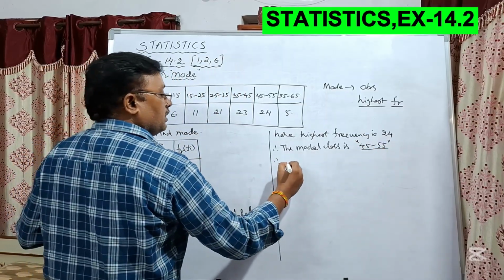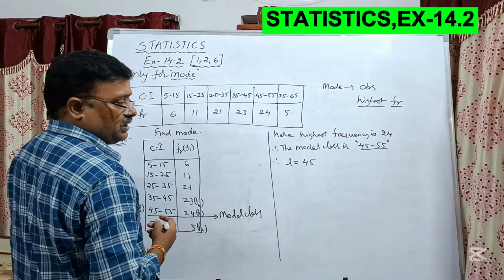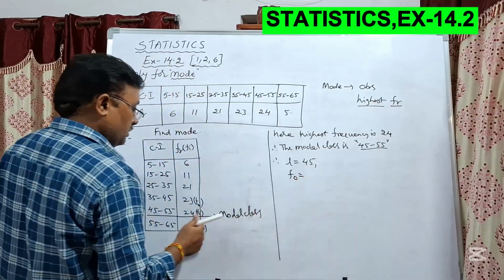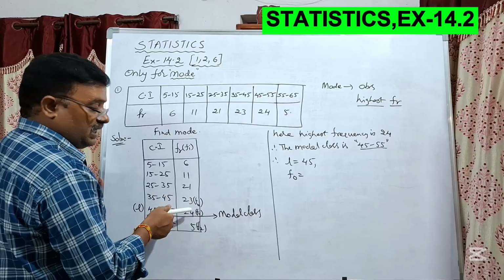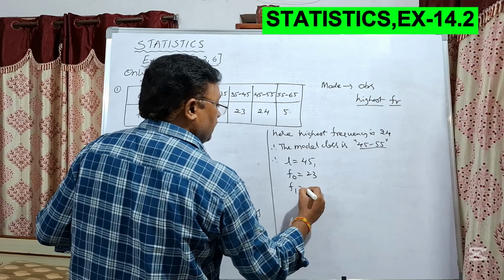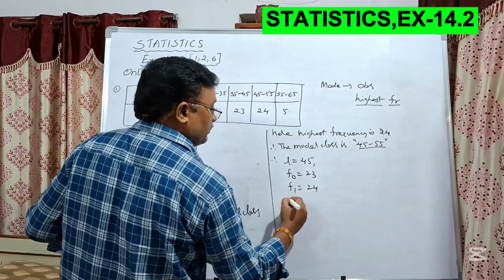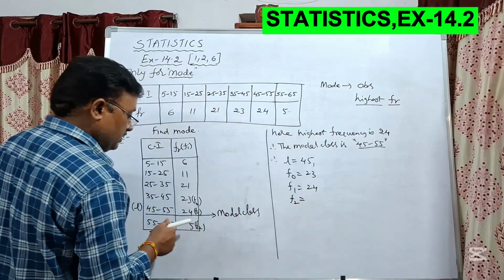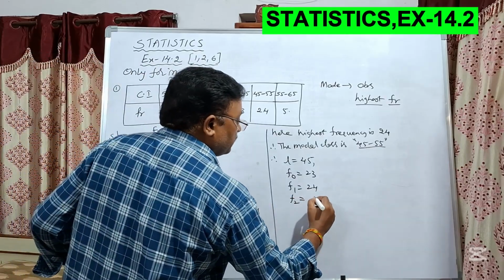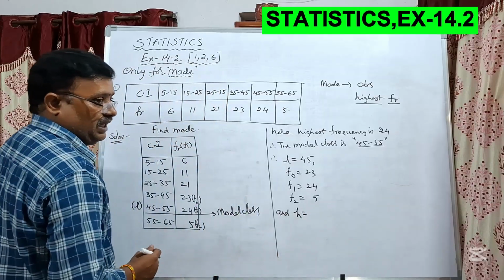Therefore L value is equal to its lower boundary 45, f0 is equal to frequency of the preceding class of the modal class, that is 23, f1 is equal to frequency of the modal class, that is 24, highest frequency. f2 is equal to frequency of the next, succeeding class, that is 5, and h is equal to class interval length.